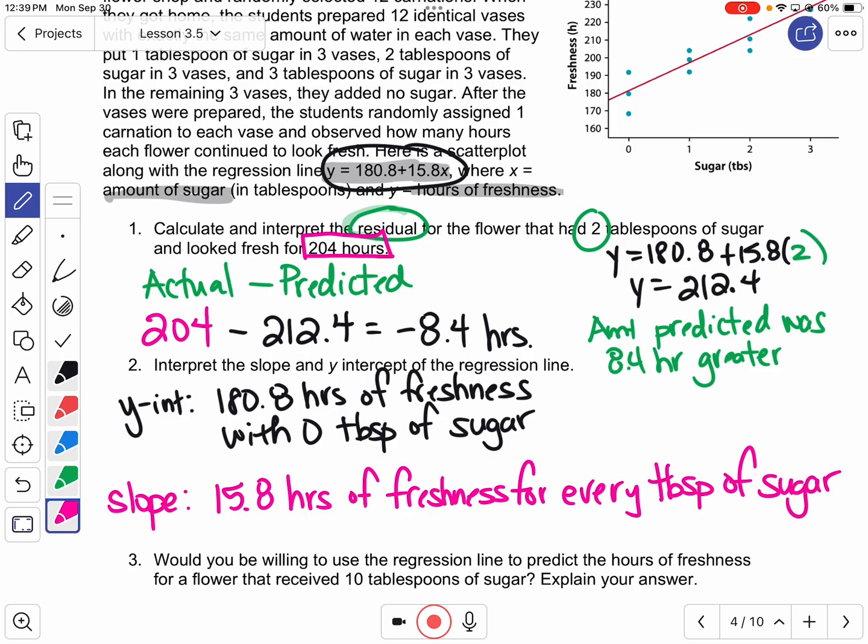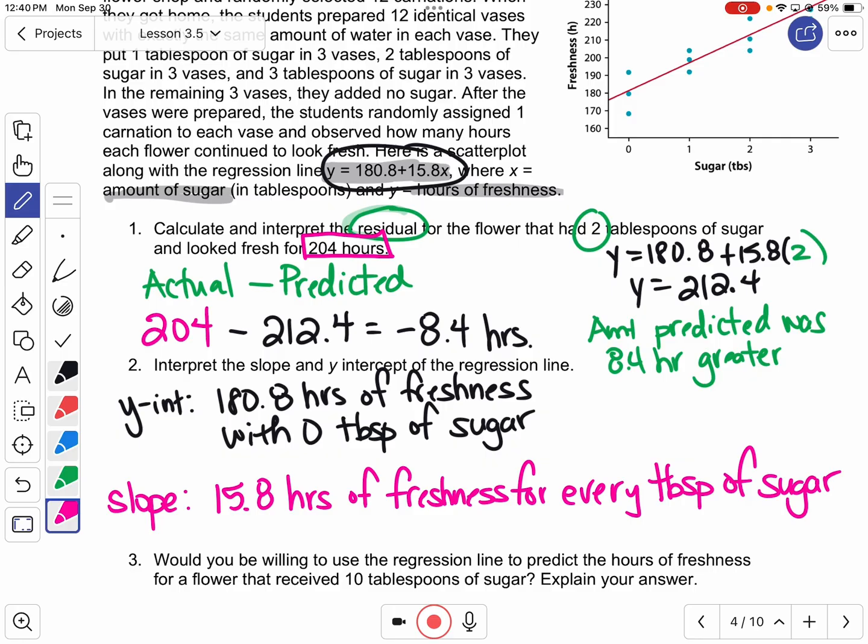So it's a rate of change. How much is my y value changing? Okay, and then the last one, so that deals with learning targets 2 and 3.